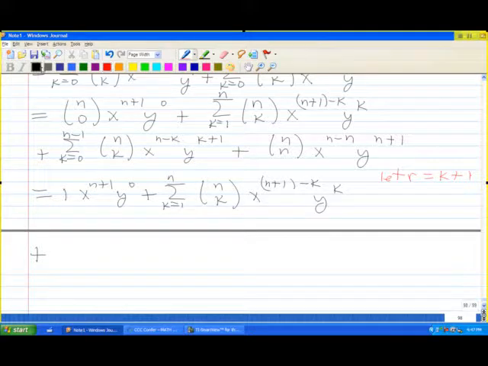For this next term, this is the sum, r equaling 1, since k is 1, so that would be n.